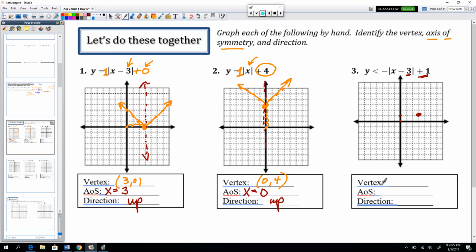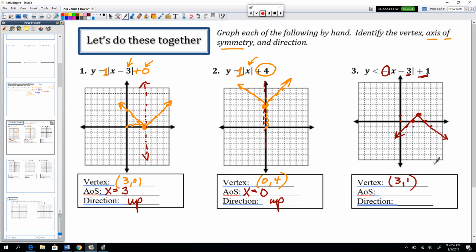My new vertex is at the coordinate 3, 1. Now I'm going to draw my v, and notice that I have this -1 as my quote-unquote slope. So I'm going to be going down 1 over 1, down 1 over 1, down 1, back 1, down 1, back 1, to create an upside down v.